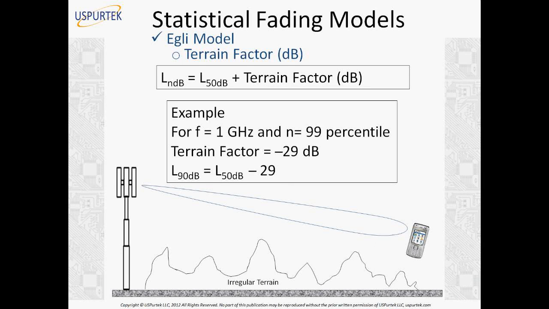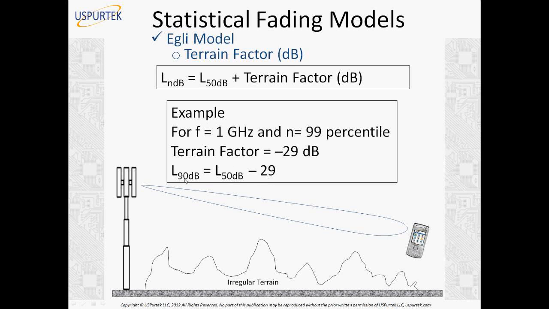So using the terrain factor table, we could do some calculation here. If the frequency is 1 gigahertz and we want to calculate the 99th percentile, then we just subtract 29. Now, where does this 29 come from?